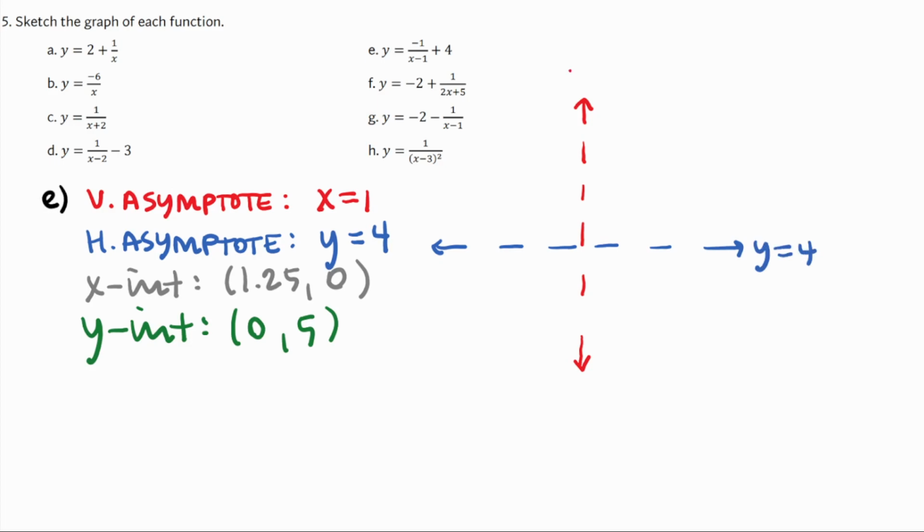I'll go back and label this as x equals 1. All right, great. And I'm going to just give that a little bit more length there for the quality of the graph. Now it's going to be a negative 1 over x type graph, but otherwise it's just been shifted around. It hasn't been multiplied by anything else. So I'm just going to draw my standard graph here.